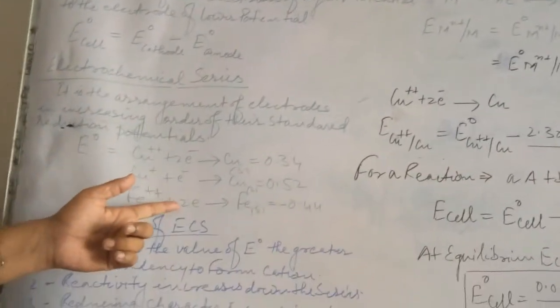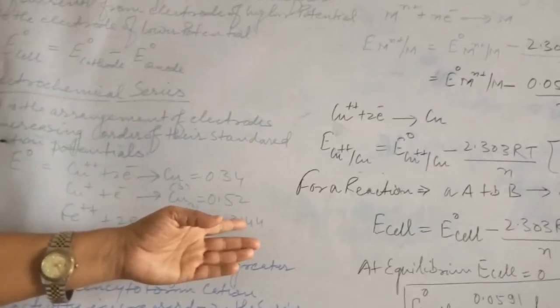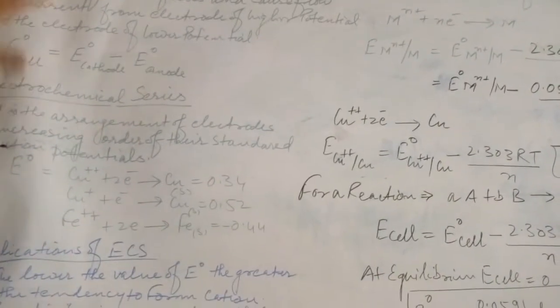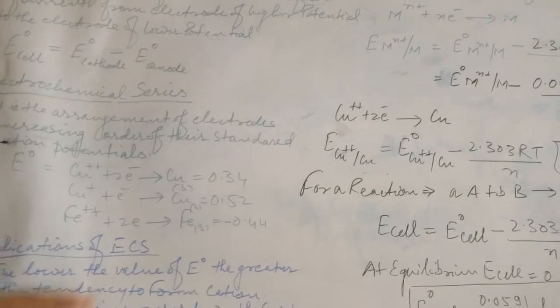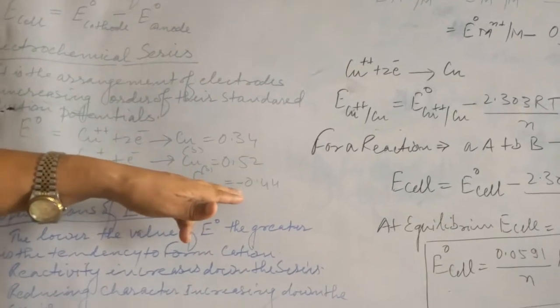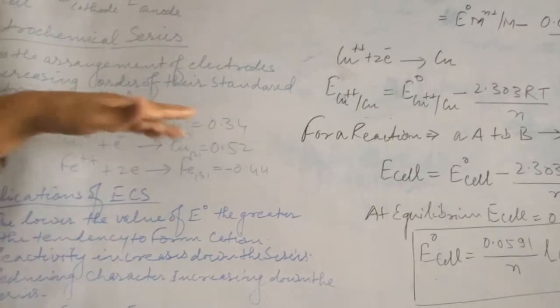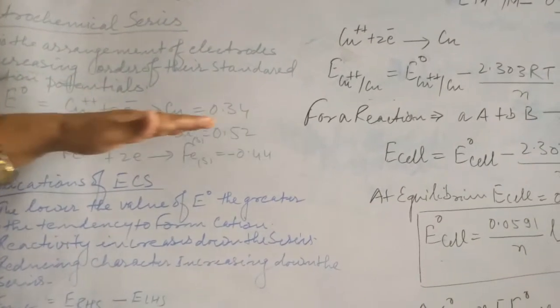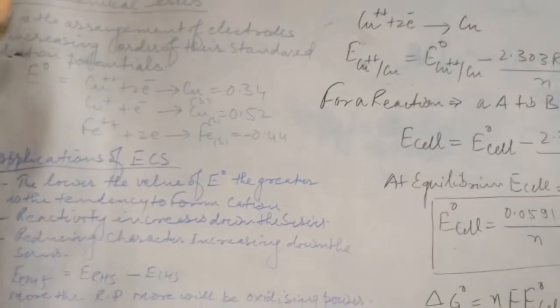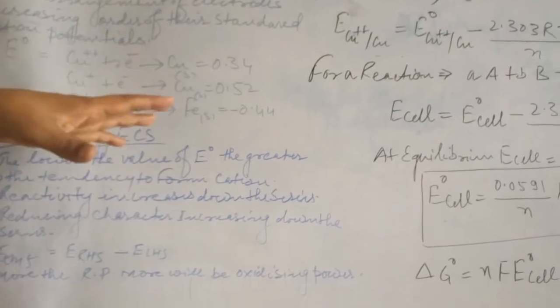Likewise, ferrous Fe++ gains 2 electrons and goes to Fe with minus 0.44. So the reduction potential of iron is negative 0.44, cupric 0.34, cuprous 0.52. All these reduction potentials are listed from positive to negative, top to bottom, in that particular series.